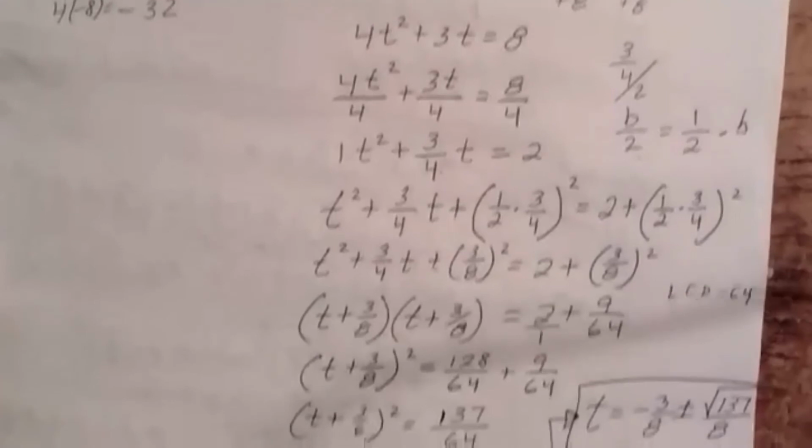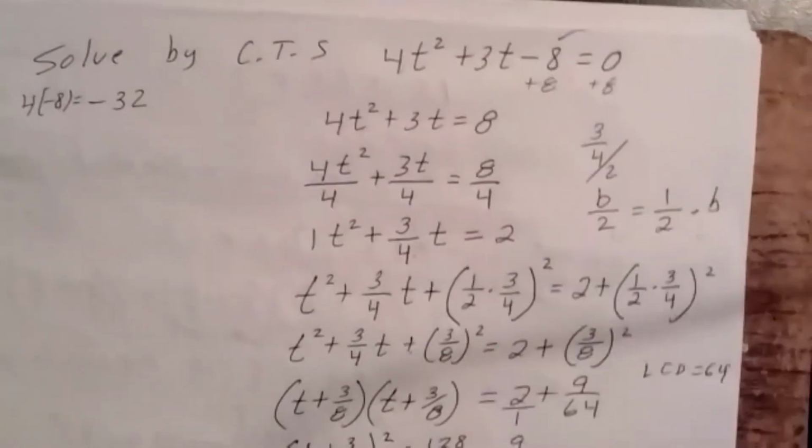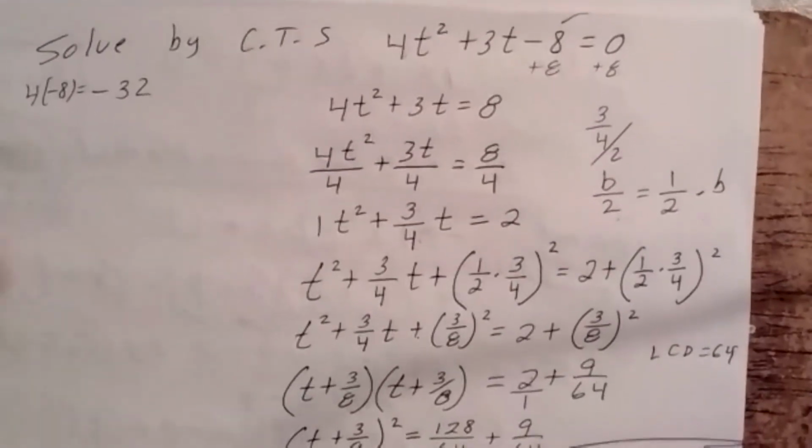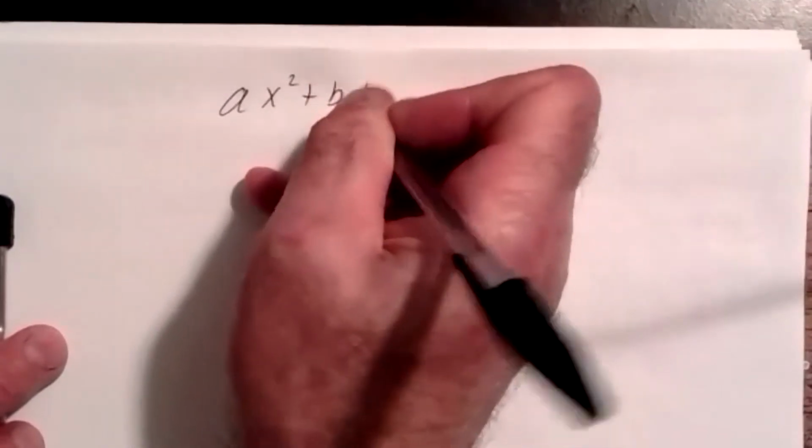But you're gonna love this last thing. It's called the quadratic formula, ladies and gentlemen. The quadratic formula, believe it or not, is made possible by the completing the square method. I did make a video in the past showing how the quadratic formula is derived by completing the square in general on a quadratic equation that looks like this.